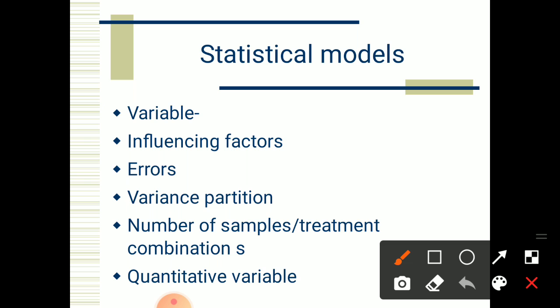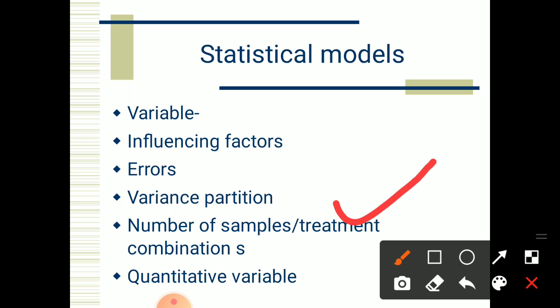If you come to the experimental designs, one important thing is the number of samples. The number of samples is more, or treatment combinations are minimum more than 2; 3 or more samples or treatment combinations will be there in the experimental designs and analysis of variance.